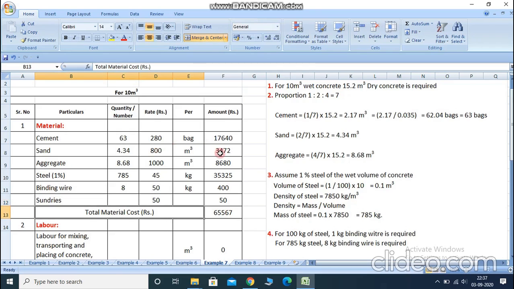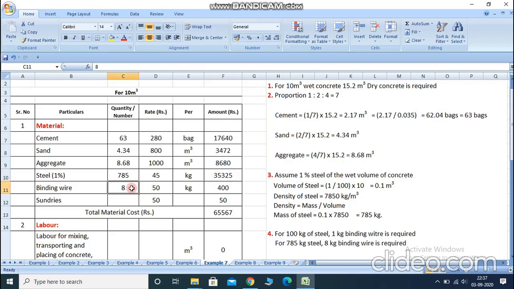So total amount of the material is 63 multiplied by 280 is 17,640. Then after, sand is 4.34 multiplied by 800, so 3,472. Aggregate value is 8.68 multiplied by 1,000, 8,680 rupees. And steel is 785 multiplied by 45, so 35,325 rupees.